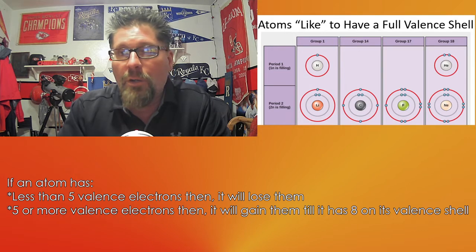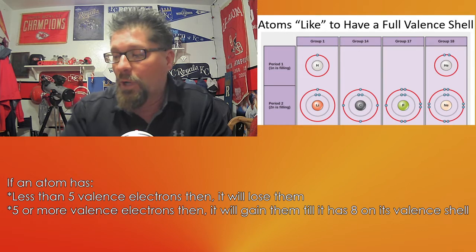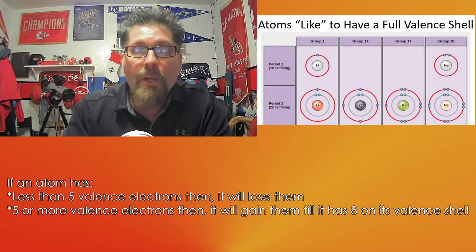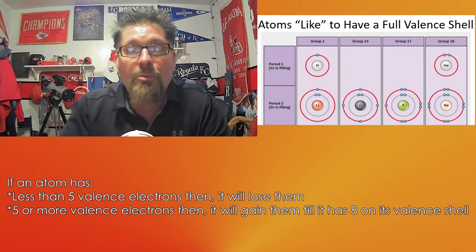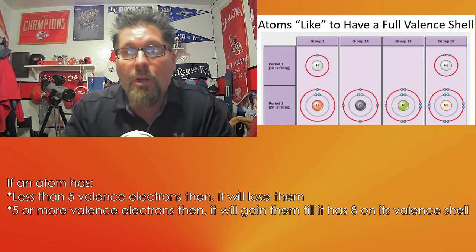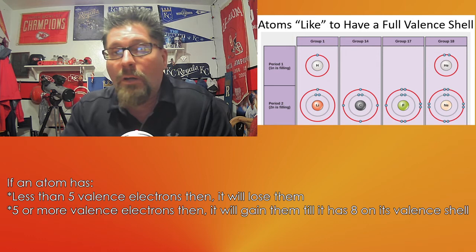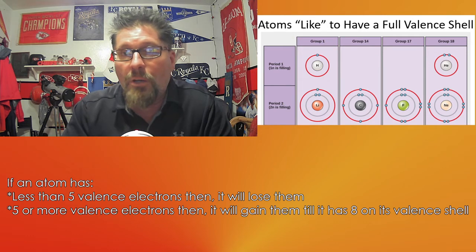But it has a full outer ring, so it will not bond. Lithium has 1 valence electron on its valence shell, which is certainly less than 5. It will be looking to give up that electron and fall back to the first ring, which is full. That's what it's trying to do: get a full outer shell.